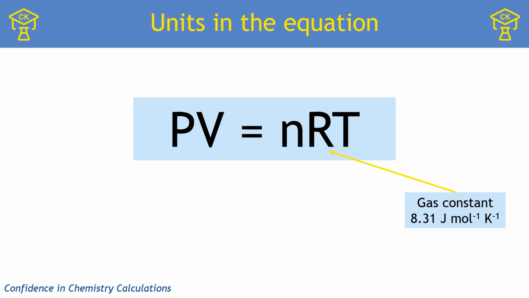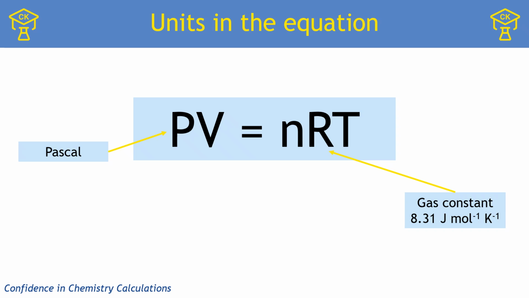It is, however, really important that you get the units of everything else in the ideal gas equation correct, otherwise you're going to get your answers wrong by possibly a factor of 1,000 or more. So all the numbers are in what we call SI units. This means that pressure is measured in pascals.